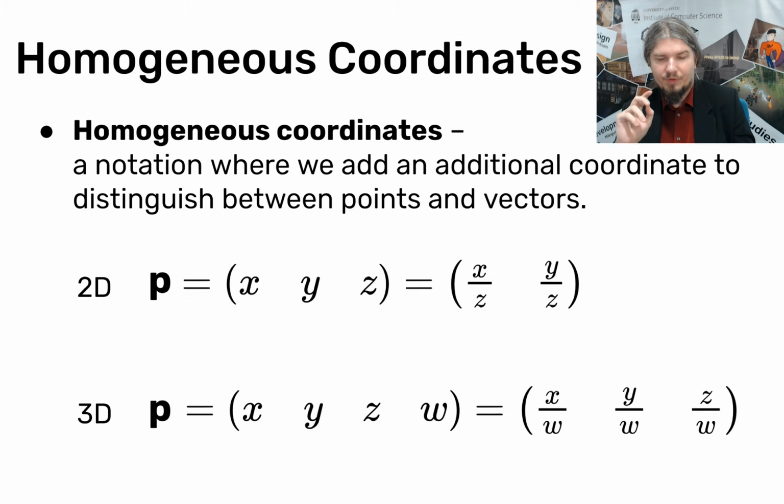Similarly in 3D, a 3D point would have 4 coordinates, and it denotes a 3-dimensional vector or a point where the first 3 are divided by the fourth one. So this is all that it is. We just add another coordinate, and it must have a specific value. And if we want to get back to our regular space, in the case of 2D, just 2 coordinates, or 3D with 3 coordinates, then we divide the first ones by the last coordinate.